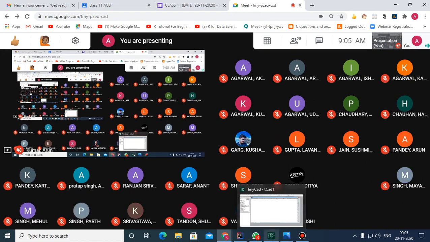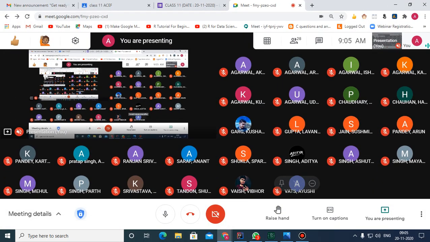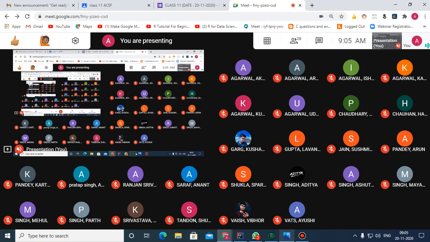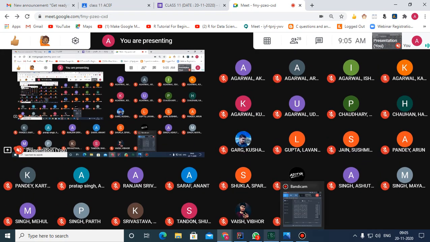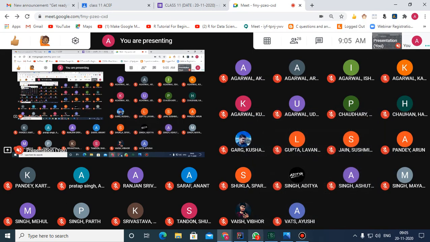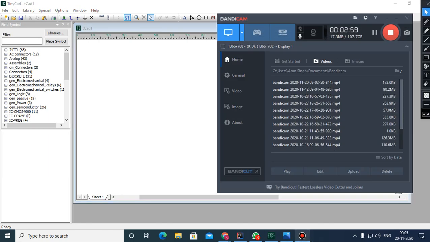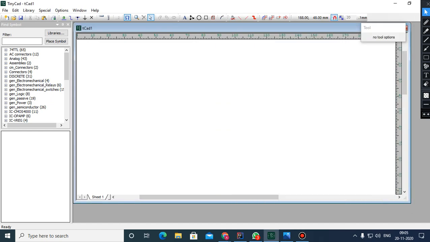So first of all, children, I would like to tell you what is a gate. What is a gate, children? Please tell. Anybody, if you can? Lavanya, do you know anything about gates? Beta, a gate is the smallest electronic circuit to carry a binary signal.